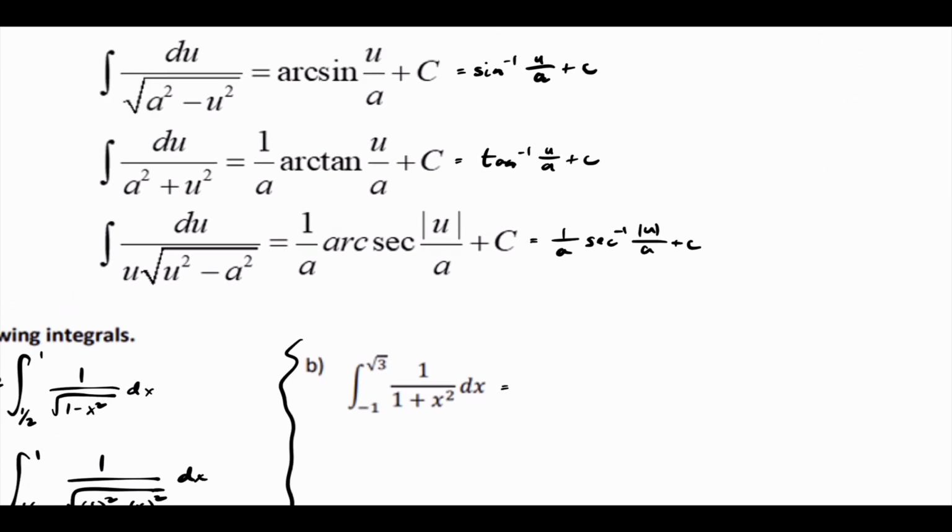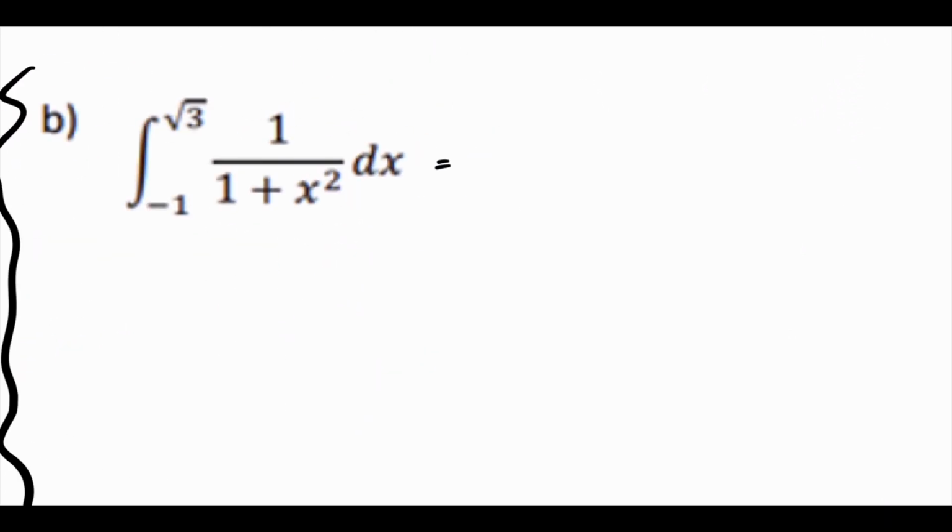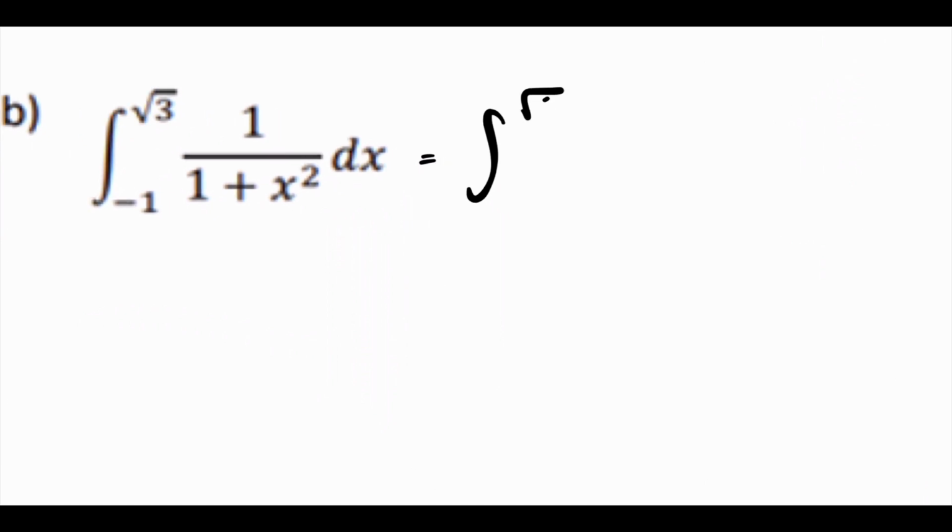Well, the only one without roots is arctangent. So that's the one we're going to use for this one. So root 3, negative 1, 1 over 1 plus 1 squared and x squared dx.